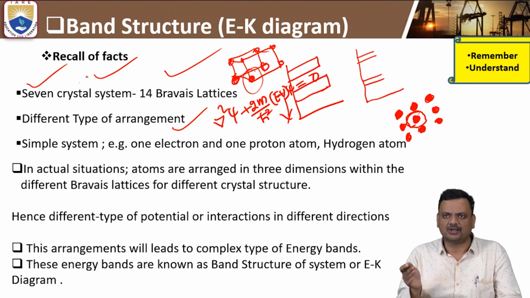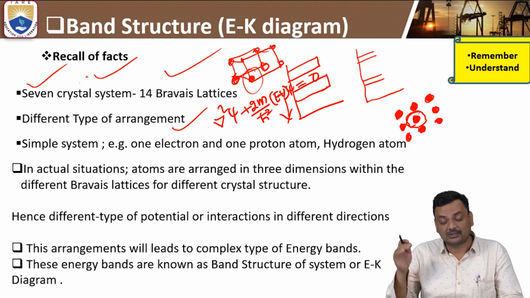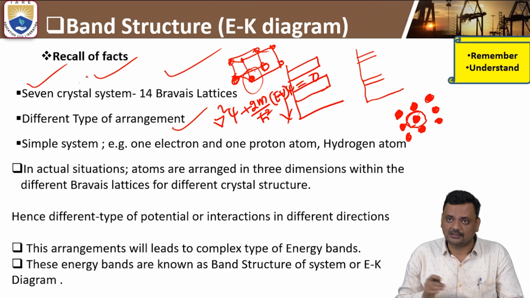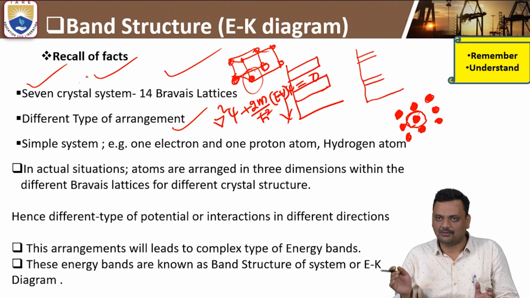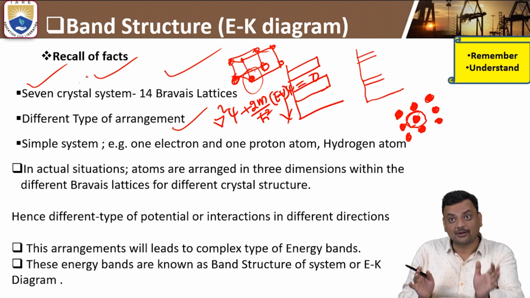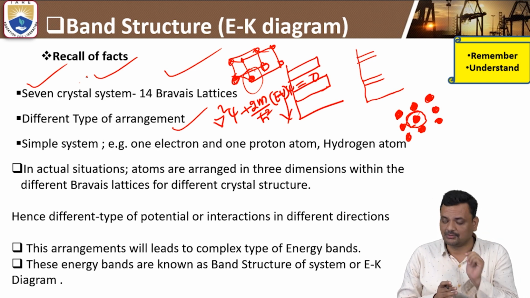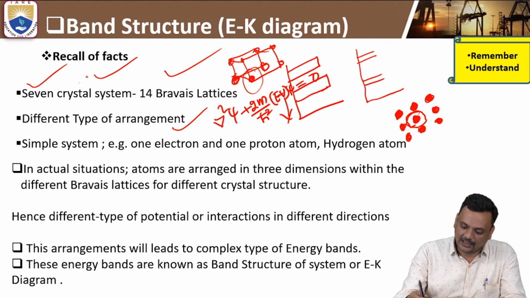In the case of simple cubic, it's okay. The potential will be the same in all directions. But suppose in the case of a rhombohedral lattice, definitely in the x direction the potential should be different. In the y direction the potential should be different. In the z direction the potential should be different.